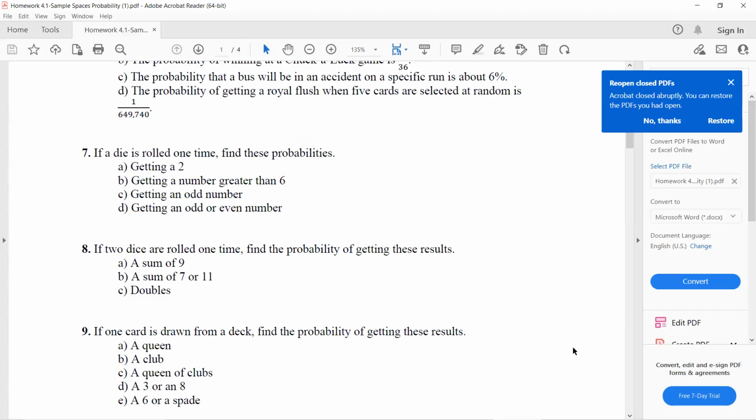What about if I asked you to give me, let's move this over. Okay. What is the probability of getting a queen of clubs? Queen of clubs. So here, how many cards are the queen of clubs? How many cards are the queen?